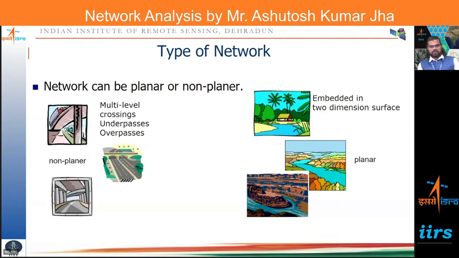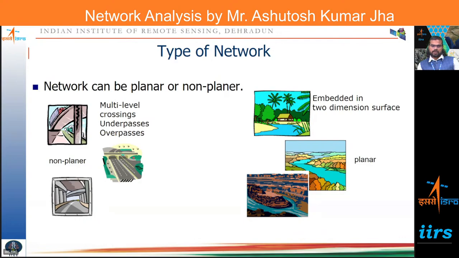If you have a bridge and other kinds of network components, then those fall into non-planar networks, and that can be multi-level. You're going to have more than one plane in which the different kinds of edges can be put. The other examples are tunnels and underbridges and so on.